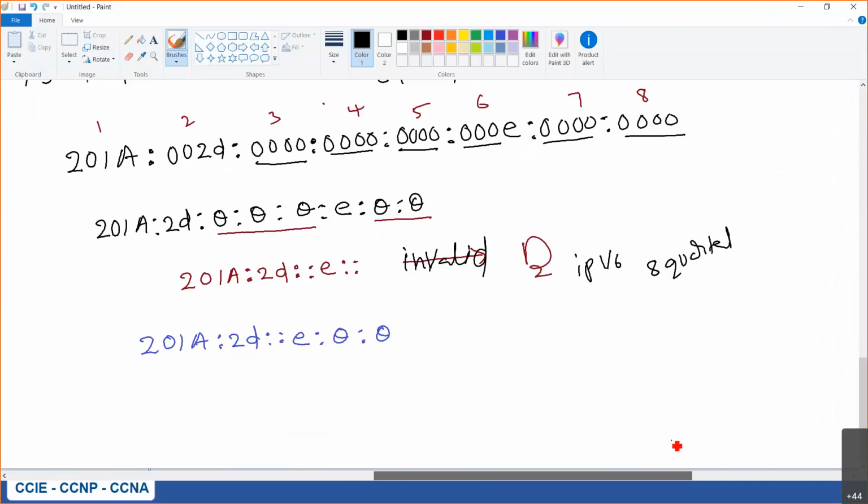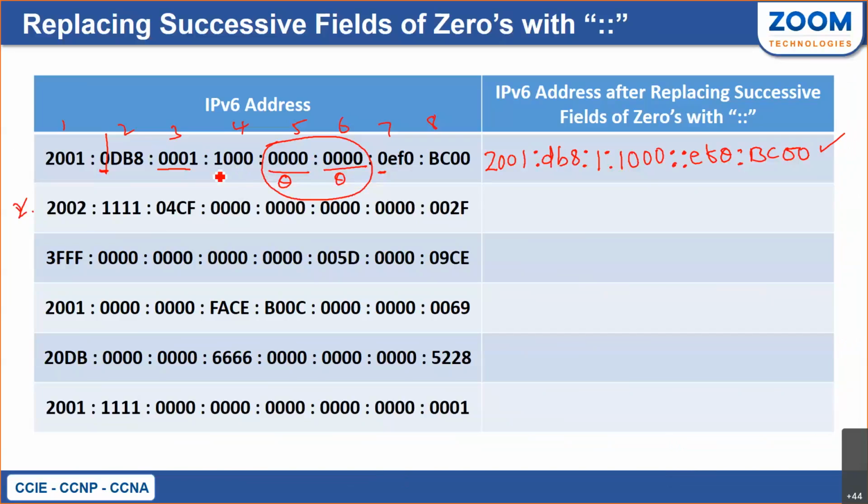So in our example, 1000, the zeros after 1 are not leading zeros. As is, we need to write it.